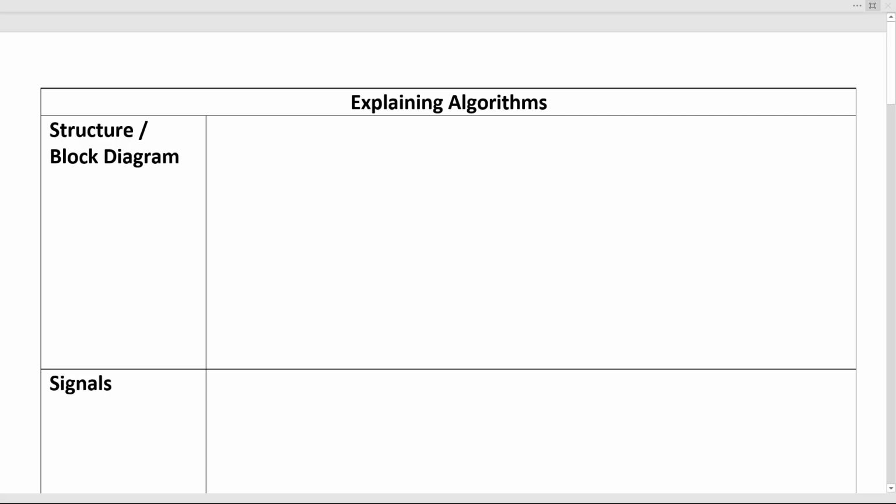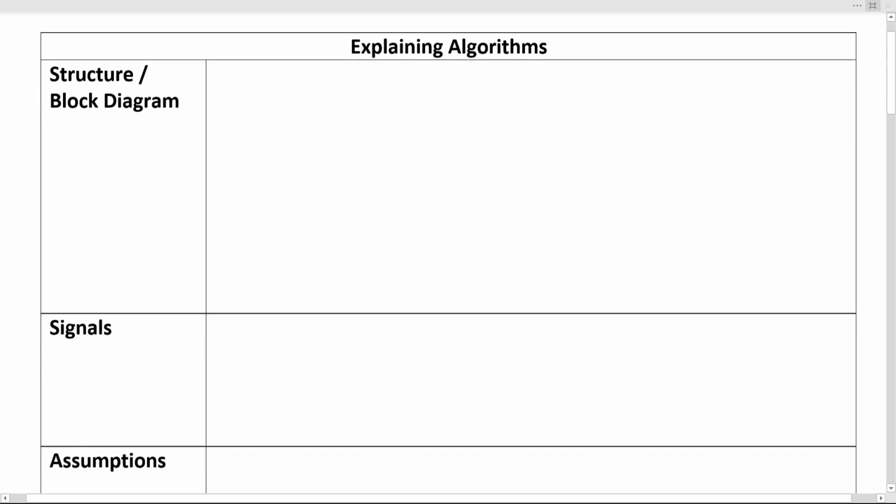And in this block diagram, we always use signals. So you should always write down the definition of those signals. This is what I usually did in my right column in my introduction sections. And then most algorithms, in their derivation, they make some assumptions about signal properties.